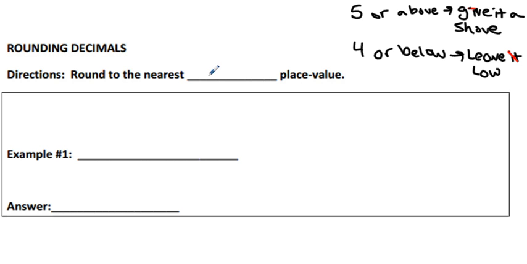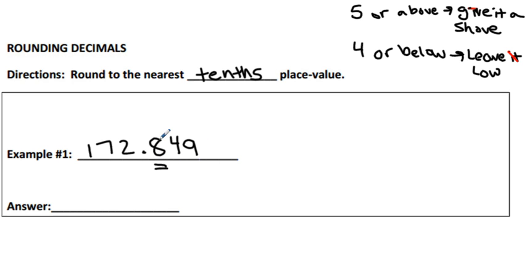Okay, so now that rhyme is our reminder, we're going to round the first example to the nearest tenths place. In example 1, we have 172.849. So we're rounding to the nearest tenths place. Remember, tenths, hundredths, thousandths.